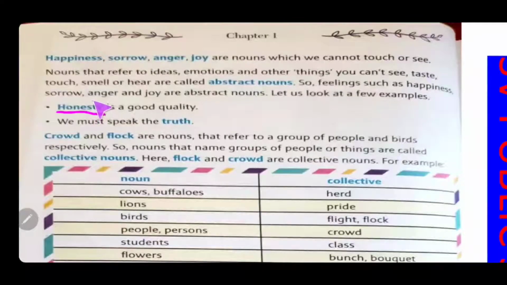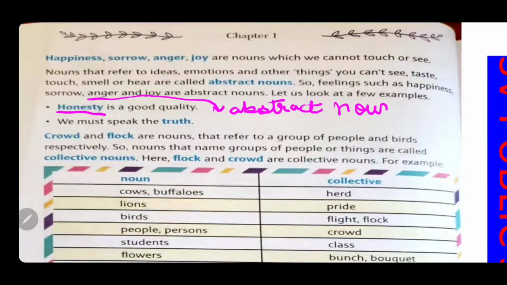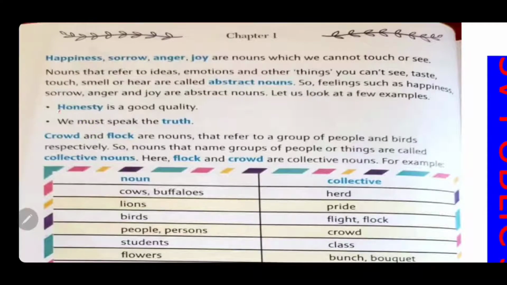So, honesty is an abstract noun: A-B-S-T-R-A-C-T, abstract; N-O-U-N, noun. It is an abstract noun because we cannot see, touch, smell, or hear it.